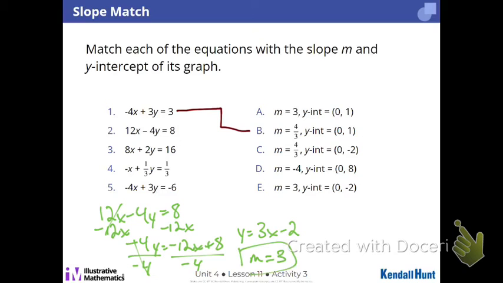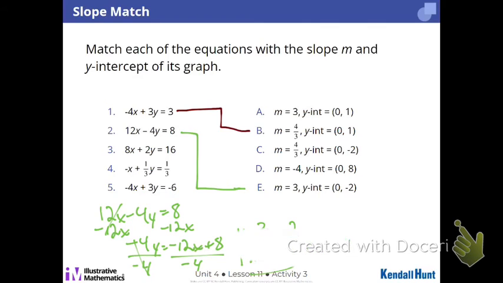Times 3, right? That's the slope, not x. X is part of the ordered pair answer. Okay, the slope is 3. Then, when x is 0, so we're talking about the y-intercept, what does y equal? Negative 2. When I put 0 in here, y has to equal negative 2. So m equals 3, and then 0, negative 2. There we go. 2 goes with E.